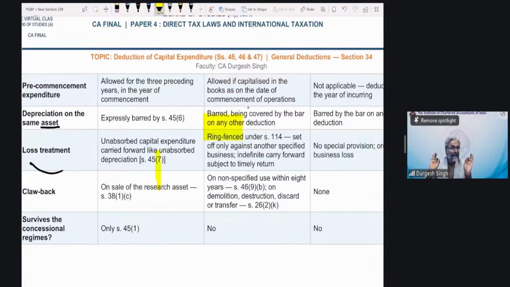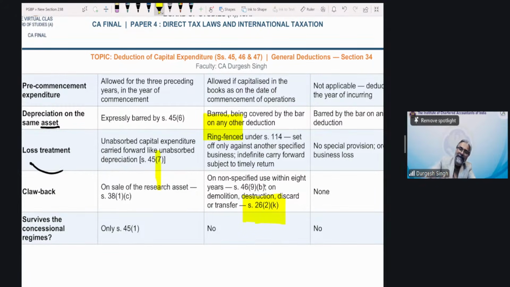Okay, ceased to remain for specified business. But supposing, students, I have sold that particular asset. Then, students, I told you, you may have forgotten by now, in the charging section one last clause was left.